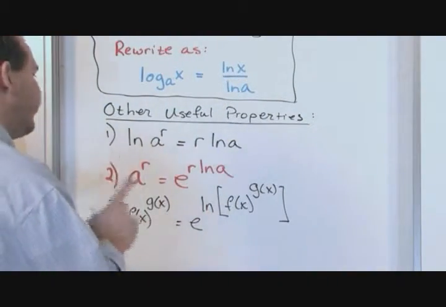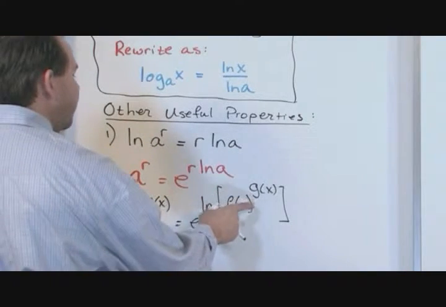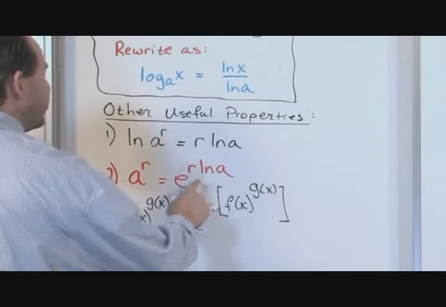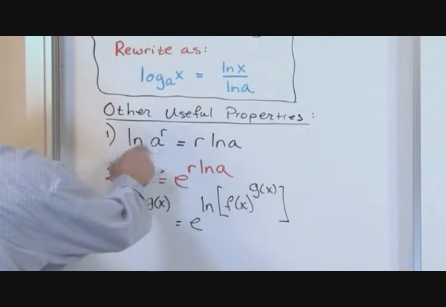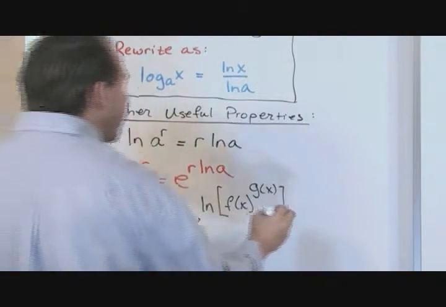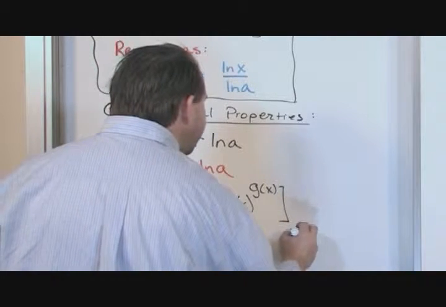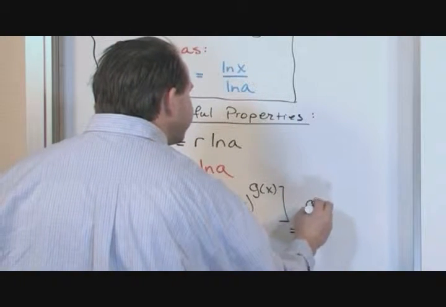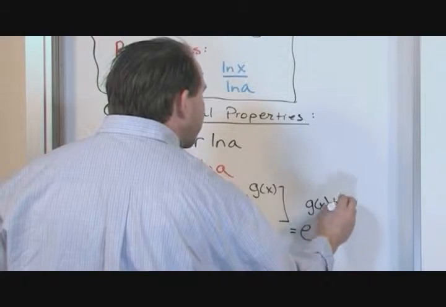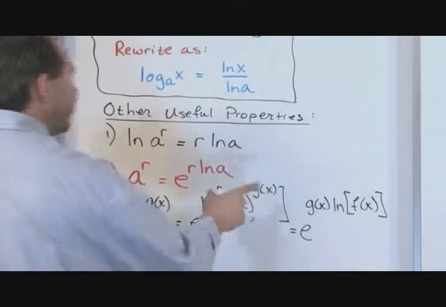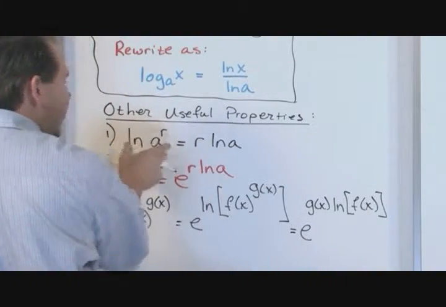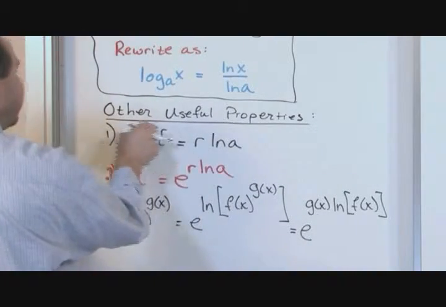But the reason why it's useful is because if we look at the top here and realize that in the exponent we have a natural log of something raised to something else, I can further rewrite this as e to the g of x times natural log of f of x. Because this exponent up here is nothing more than what I have written here, I can take this exponent down in front.